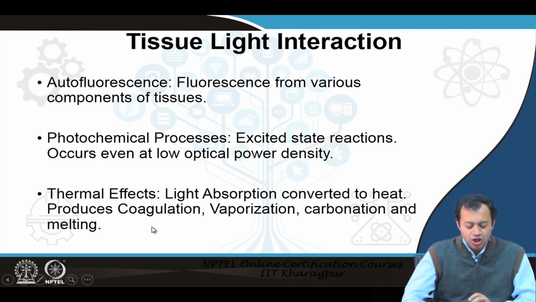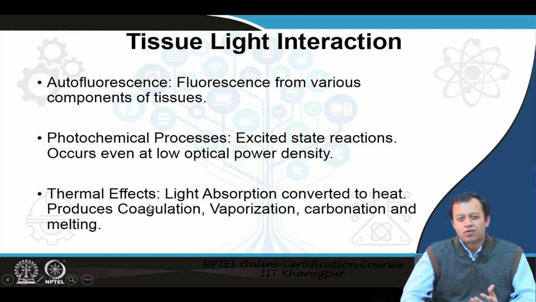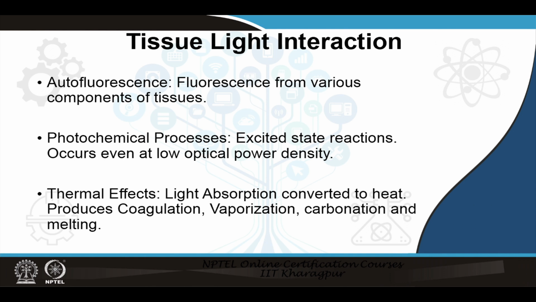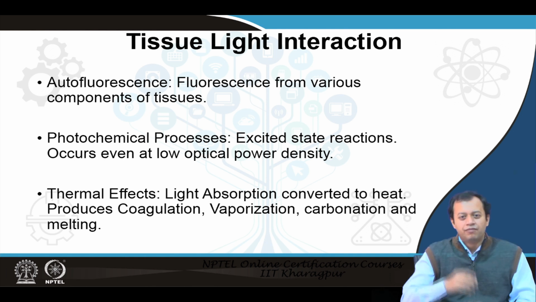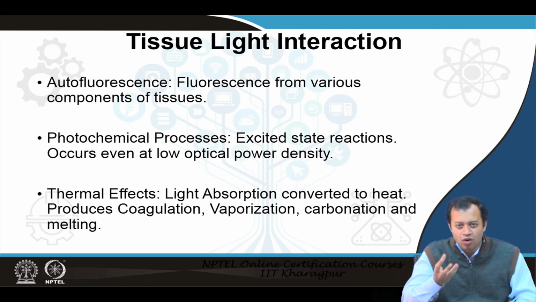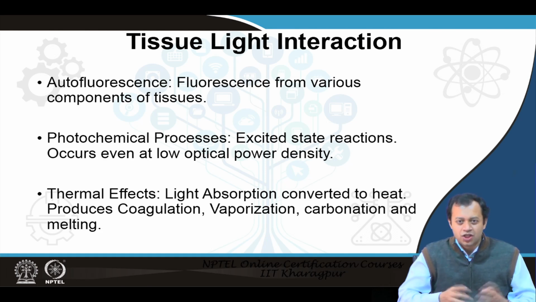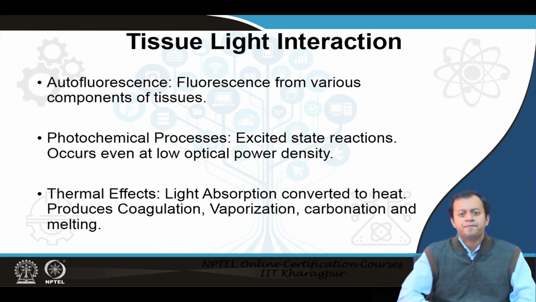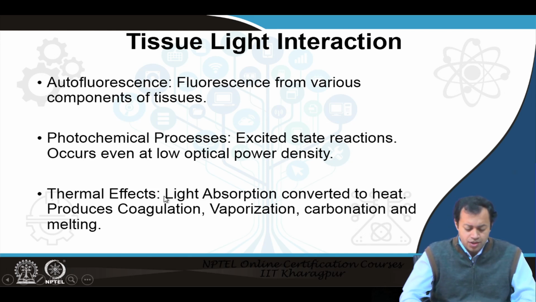So, if your light beam is able to increase the temperature of the tissue or the cell just by simply passing energy, just by simply vibrating, to 60 to 70 degrees Celsius, the cell membrane can rupture, the organelles will come out, and the tissue undergoes necrosis.